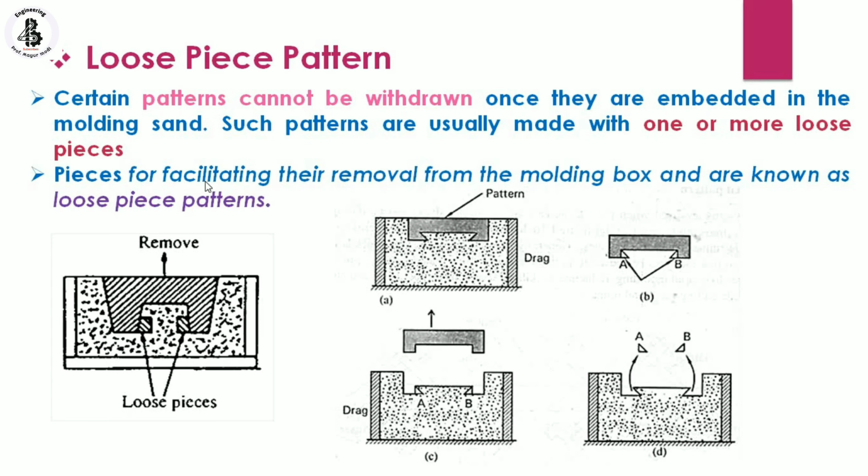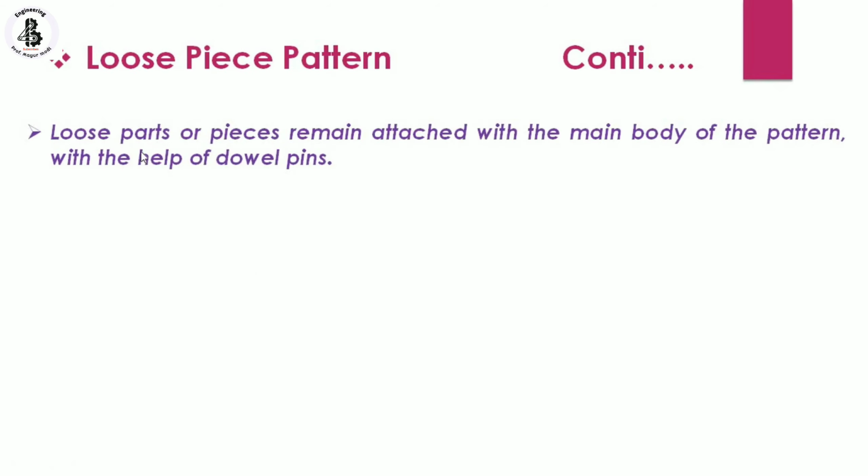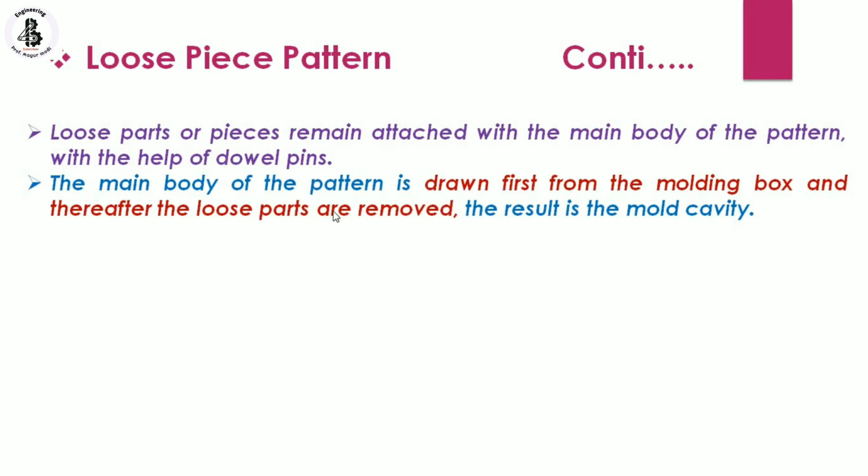Pieces for facilitating their removal from the molding box are known as loose piece patterns. Loose parts, or you can say pieces, remain attached with the main body of the pattern with the help of dowel pins. The main body of the pattern is drawn first from the molding box, as we already discussed, and then the loose parts are removed.